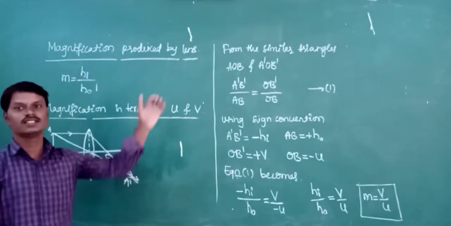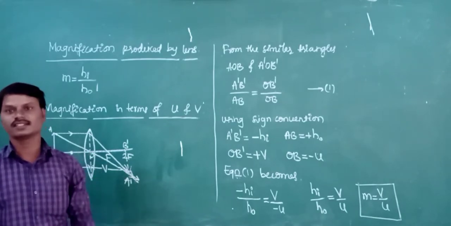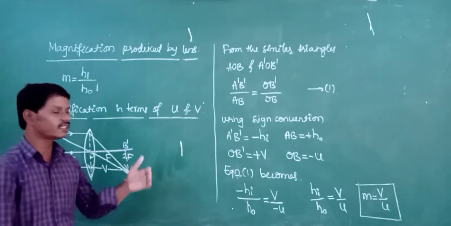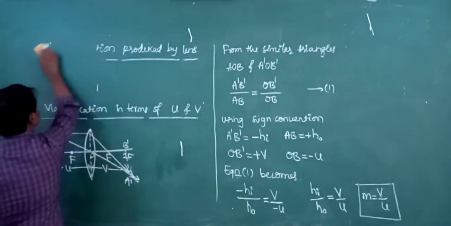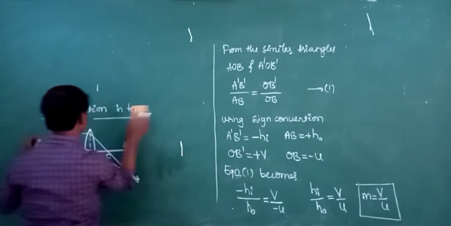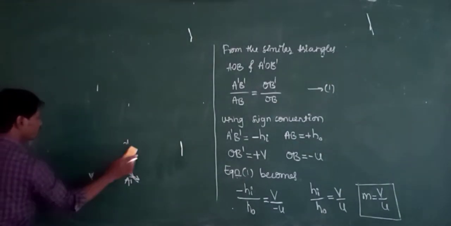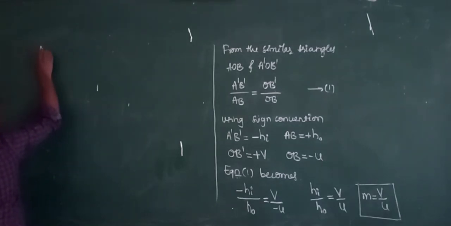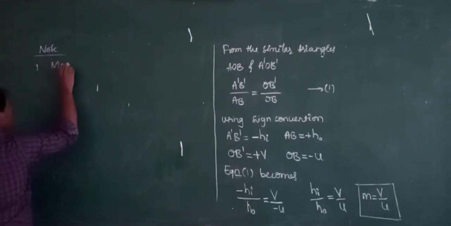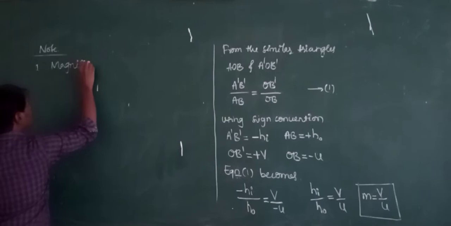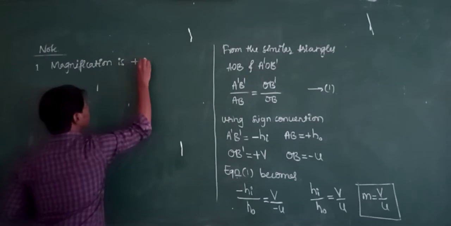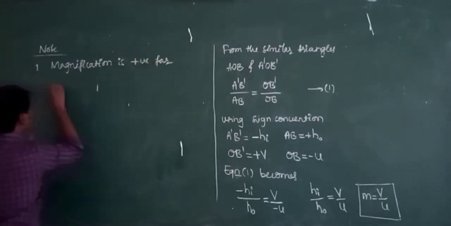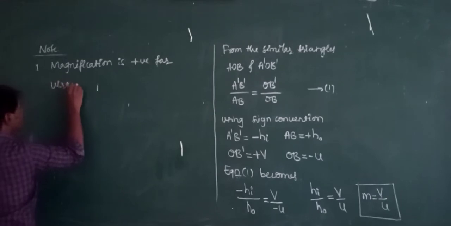Now, magnification is positive for a virtual and direct image. Why is it positive for a virtual and direct image? See here. Note number 1: magnification is positive for a virtual and direct image.